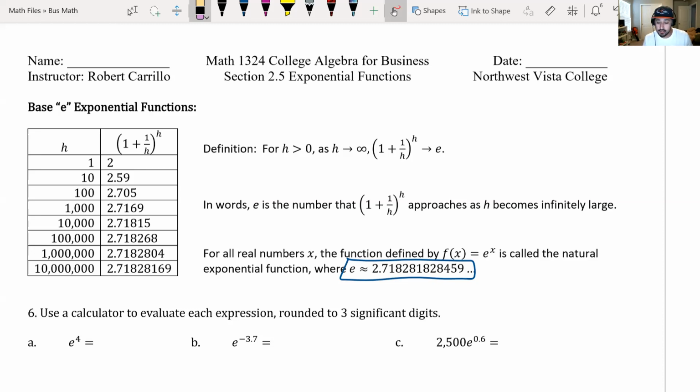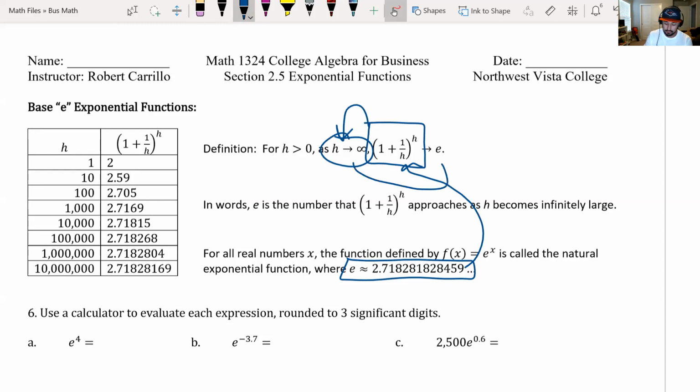And where we get this value for E from is this lovely expression right here: 1 plus 1 over h, to the h. We say that as h gets infinitely larger, this expression starts to become the number E. The best way to represent this is by the chart over yonder.